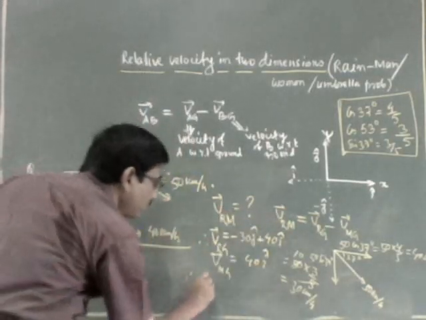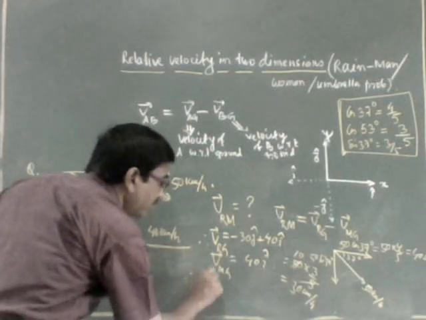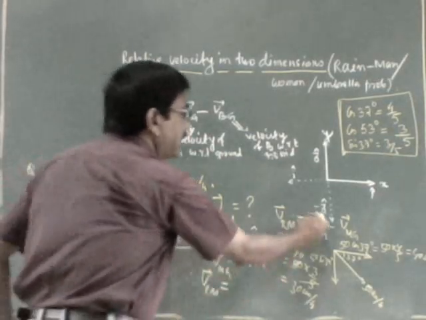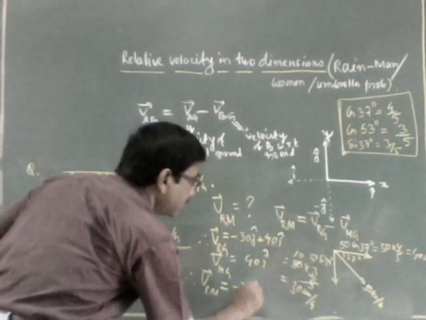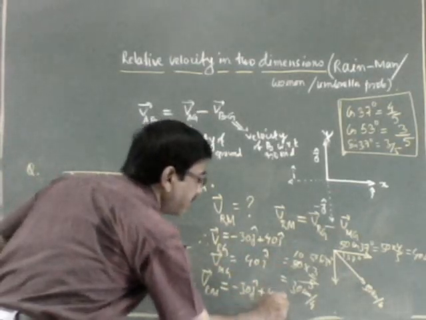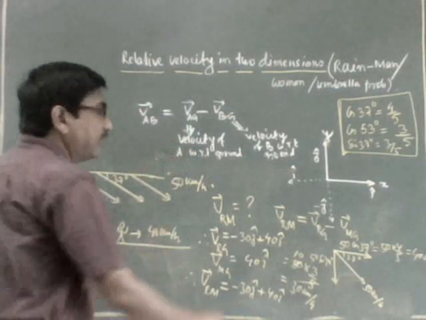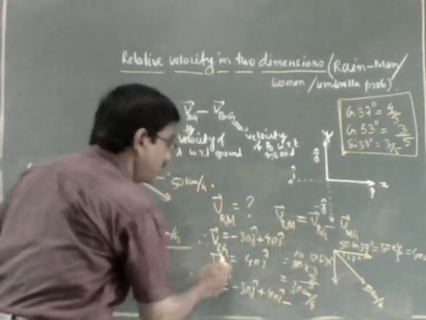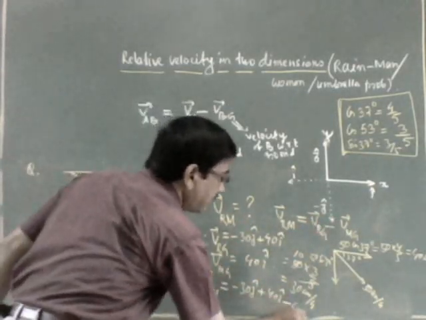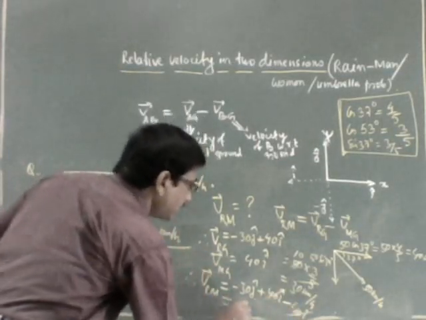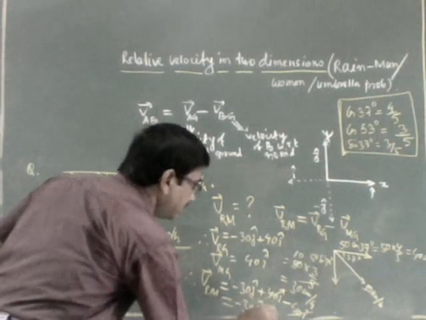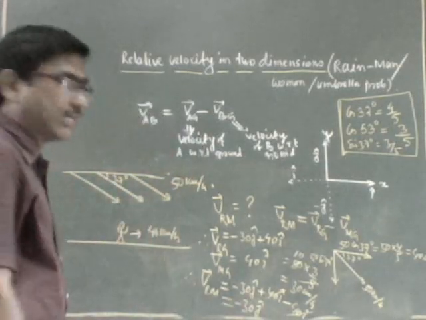VRM is equal to VRG minus VMG, which is minus 30j plus 40i minus 40i. The 40i cancels, so VRM is minus 30j.